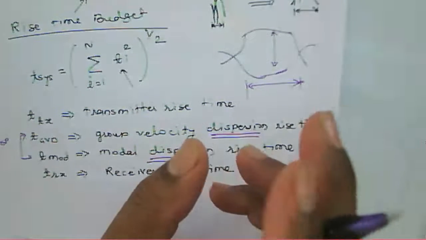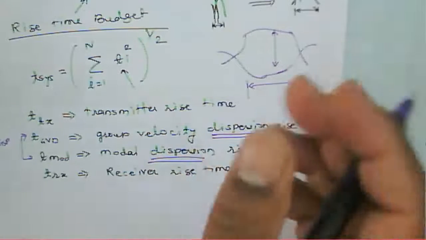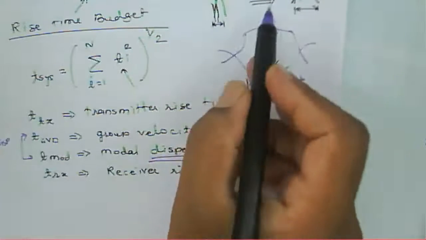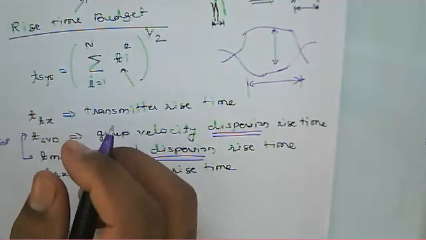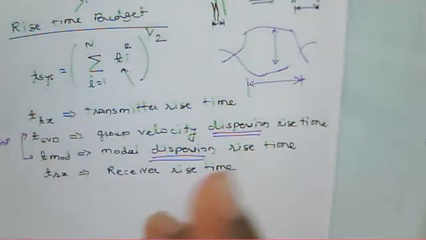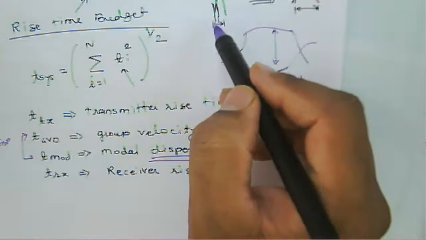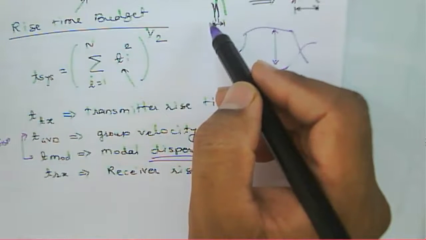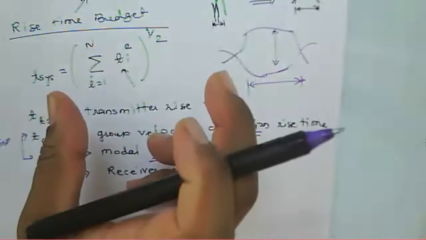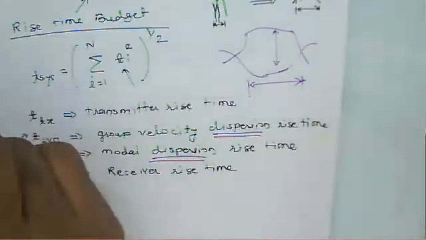In the case of transition time degradation, if we consider a digital link, in that digital link the 10 to 90% rise time is supposed to be considered.